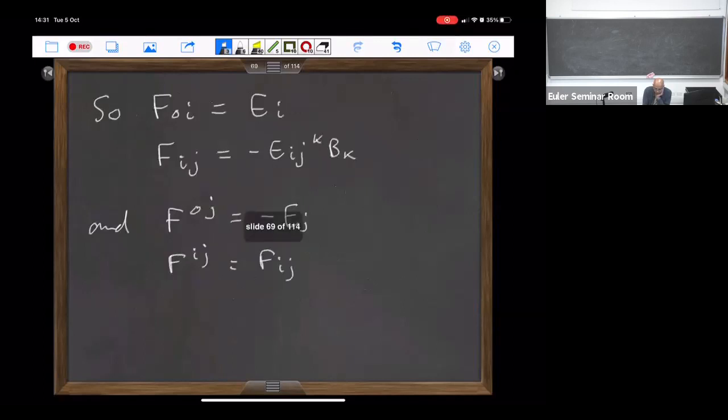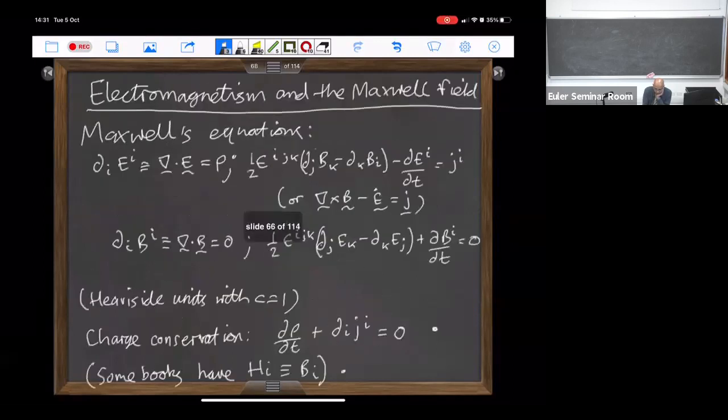So if we look back, that's this equation here.